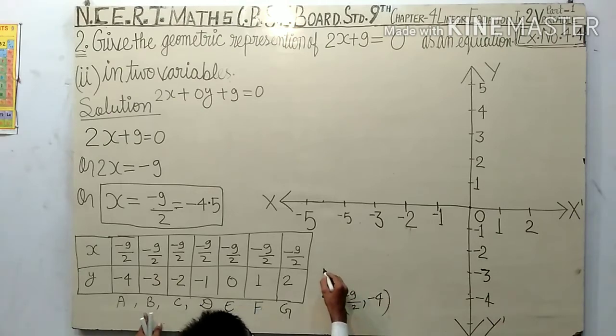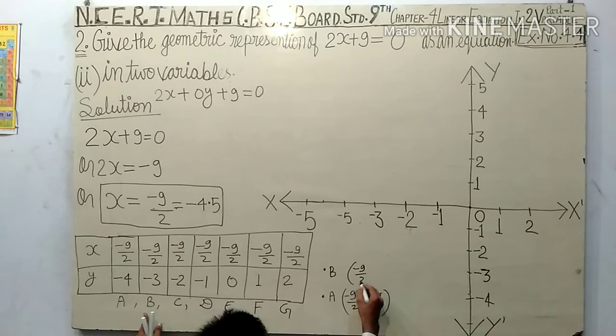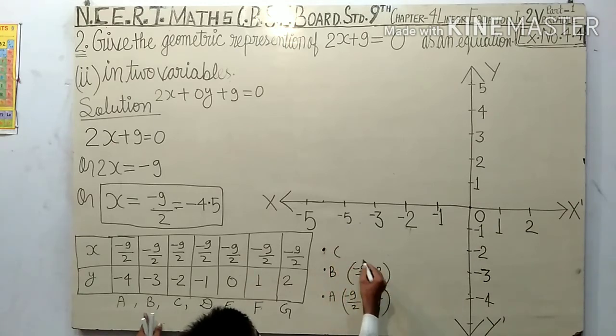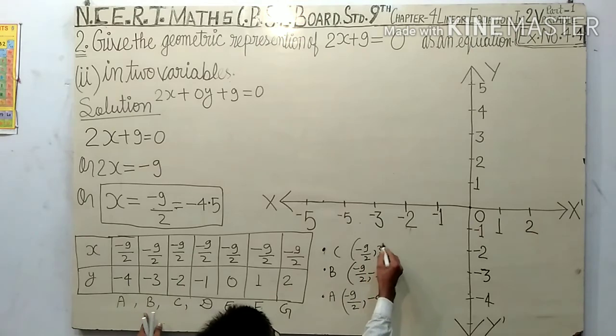Here is point B with coordinates -9 by 2, -3. Here -2 is point C with coordinates -9 by 2, -2.